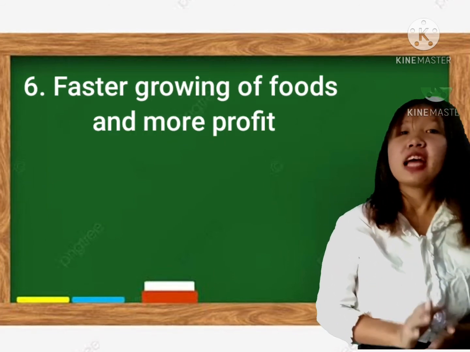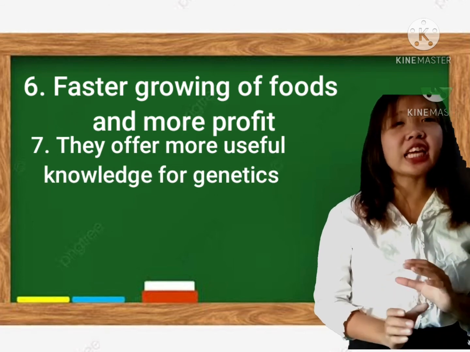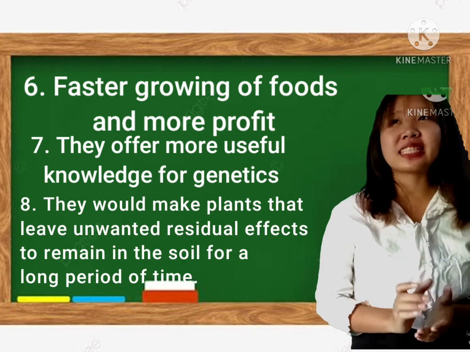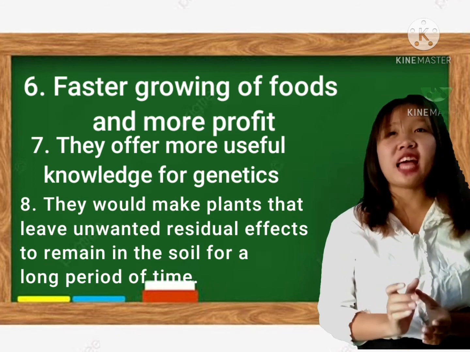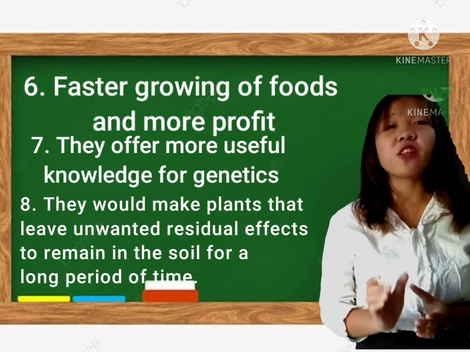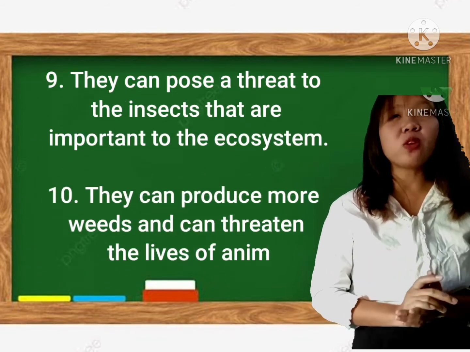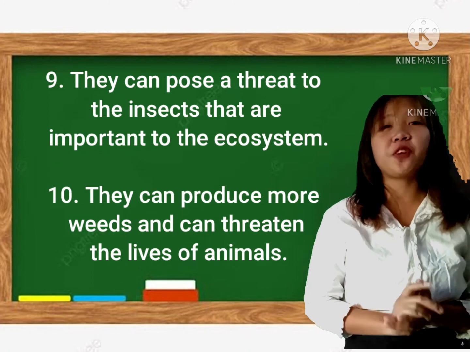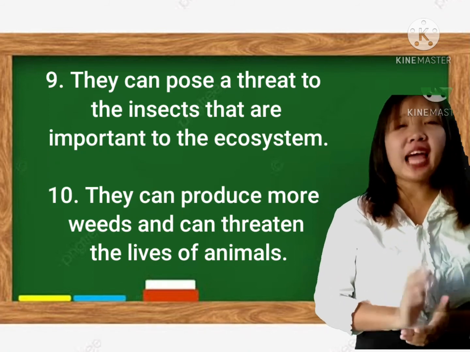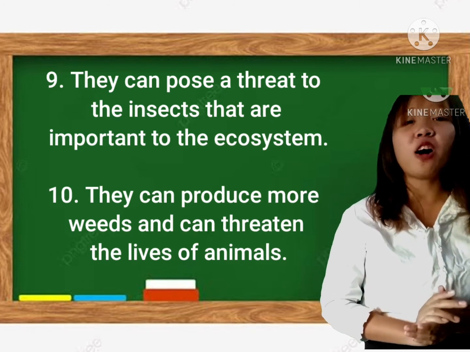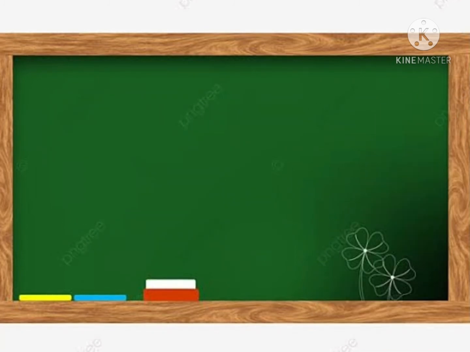Number 7, they offer more useful knowledge for genetics. Number 8, they would make plants that leave unwanted residual effects to remain in the soil for a long time. Number 9, they can pose a threat to insects that are important for the ecosystem. Number 10, they can produce more weeds and can threaten the lives of other animals.